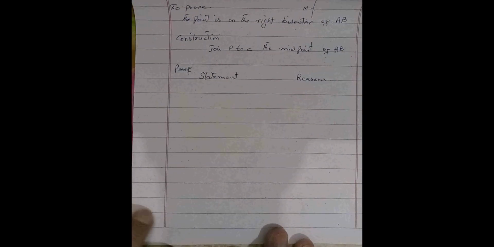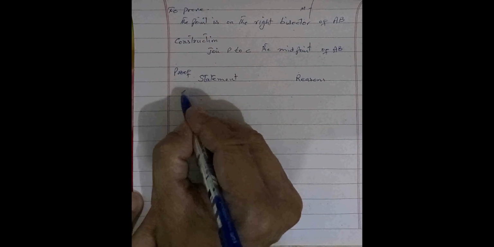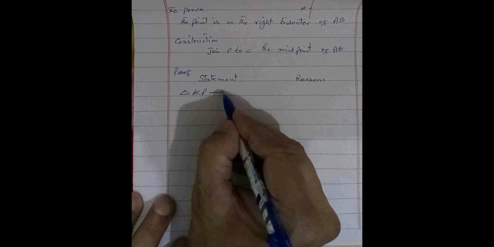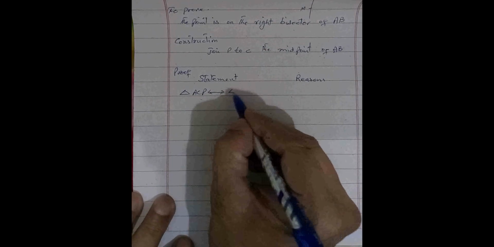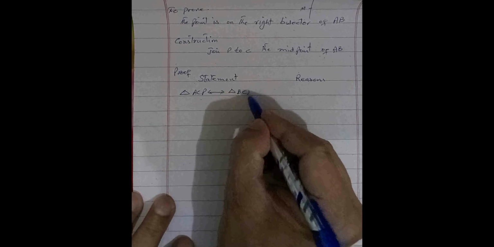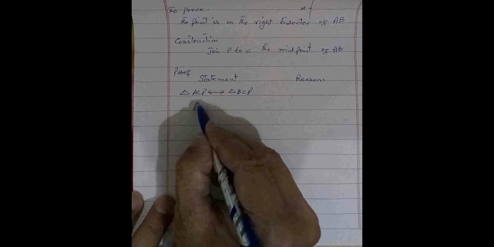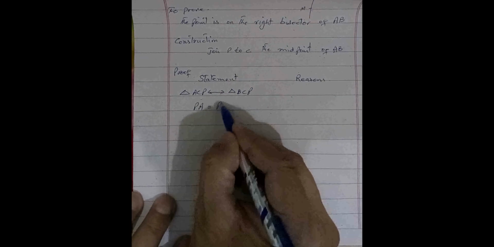So we have two triangles: triangle ACP, and we compare it with the other triangle BCP. In this, PA is equal to PB, and they are given.